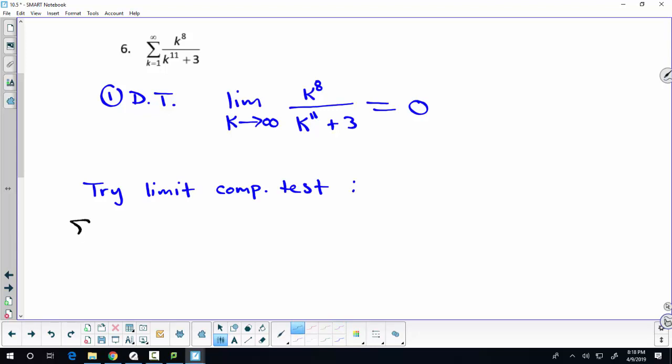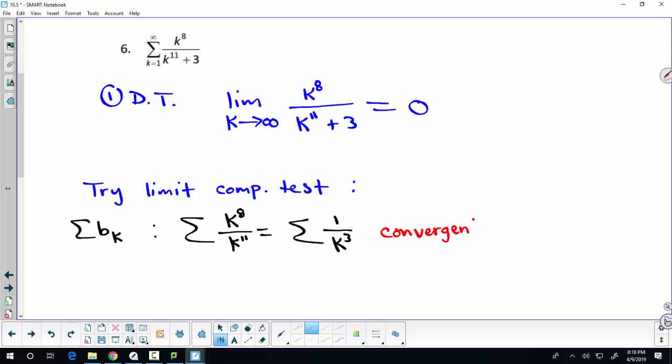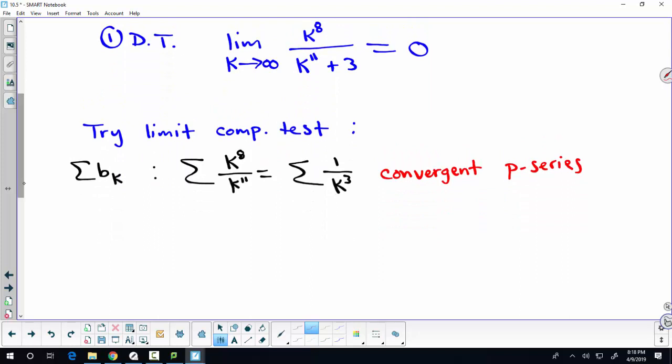So the chosen series, b sub k, something comparable to that, is comparable to k to the 8th over k to the 11th, which is 1 over k cubed. The series 1 over k cubed, does it converge or diverge? Yeah, converges. All right, so our chosen series converges, and we'll just compute the limit.